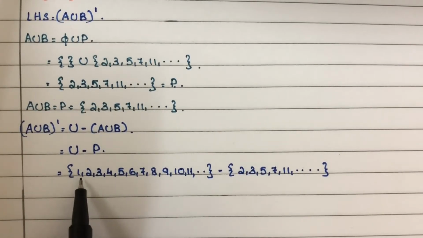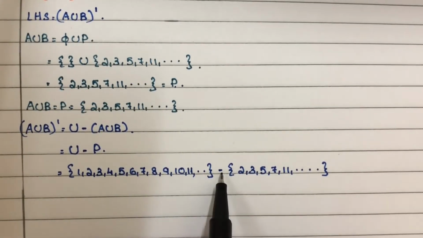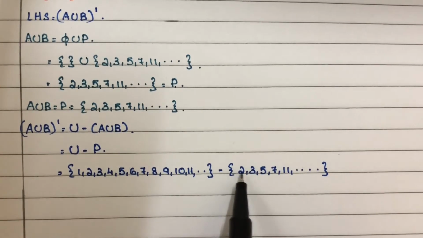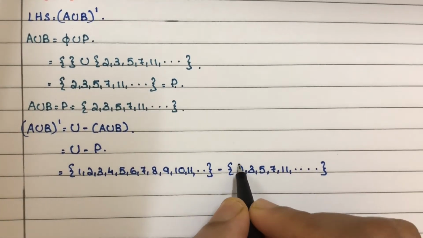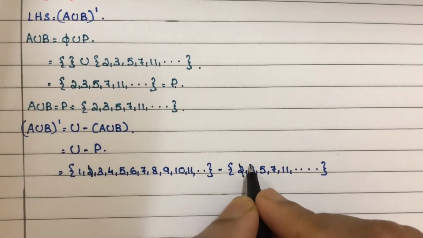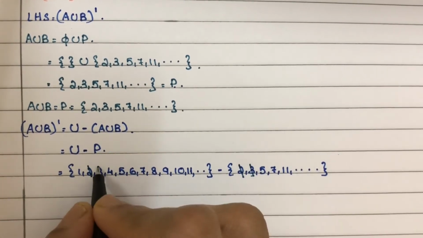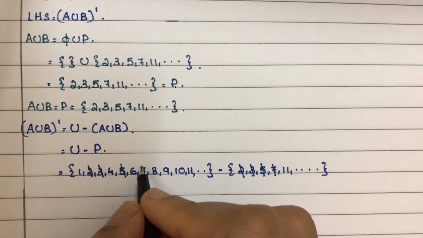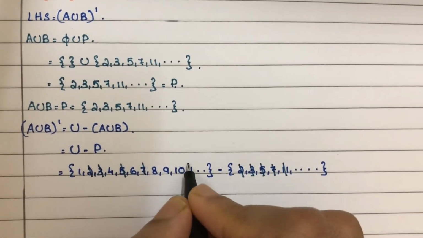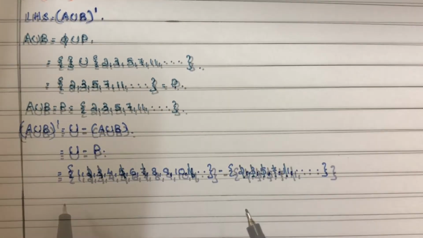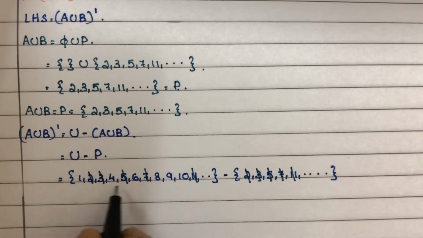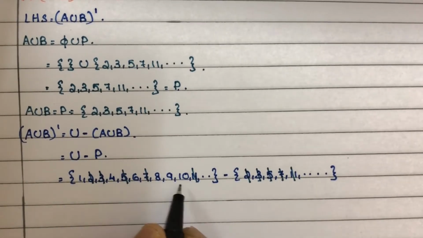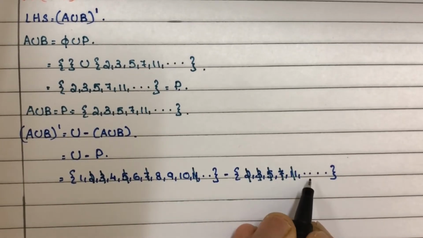Here universal set is set of natural numbers minus P, set of prime numbers: 2, 3, 5, 7, 11. So the answer will be set of natural numbers without prime numbers, right?